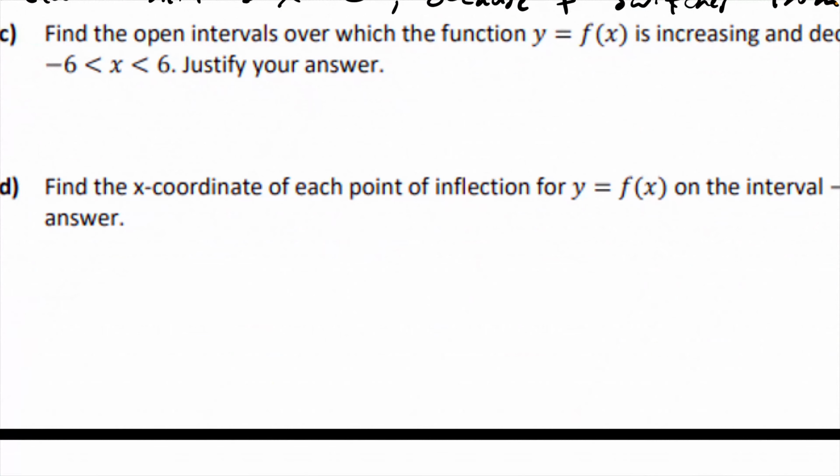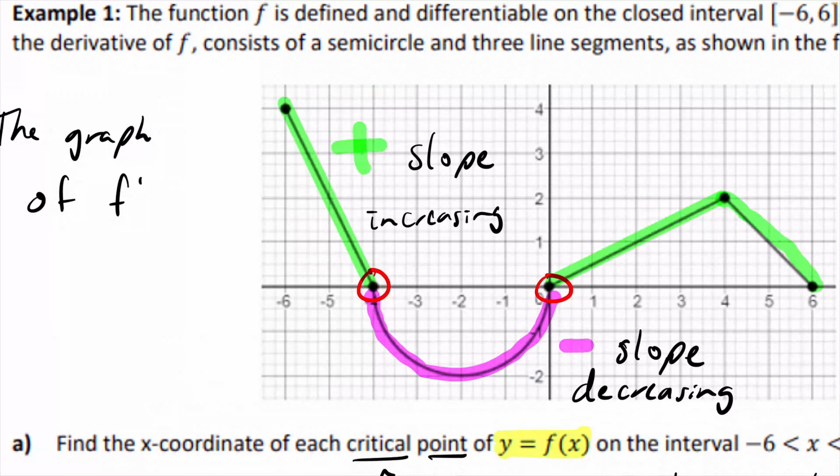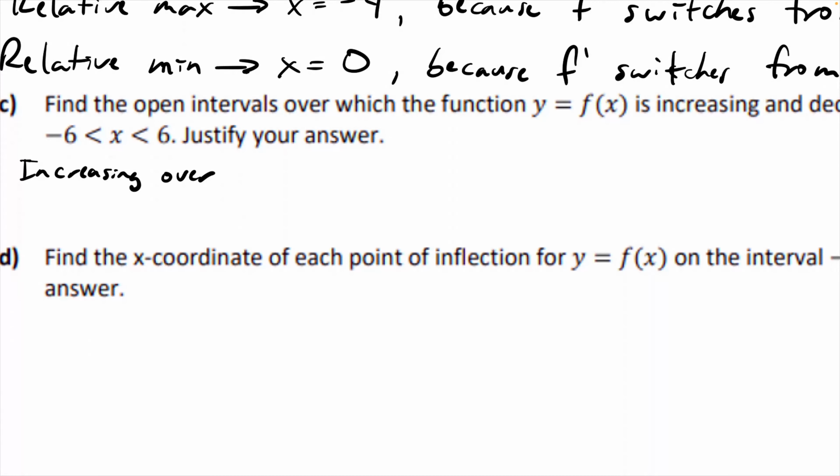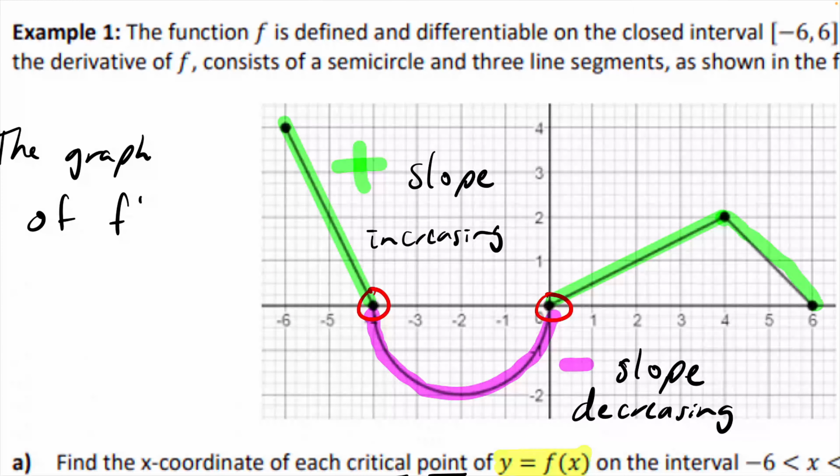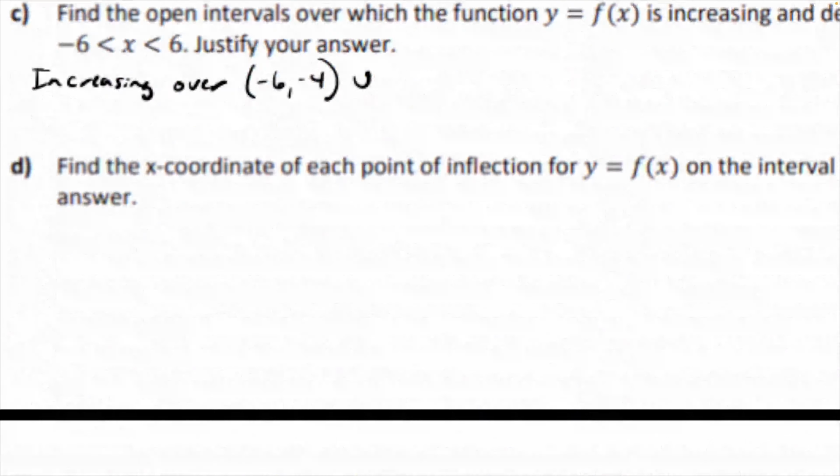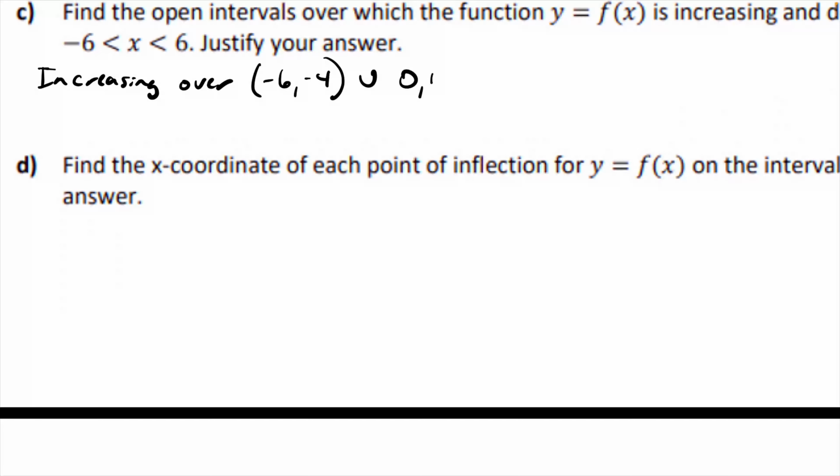So we would say increasing over -6 to -4, or from 0 to 6. Because we'll get to the justification in a second here.